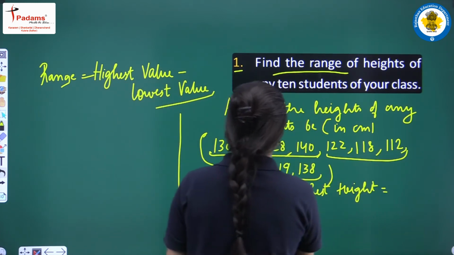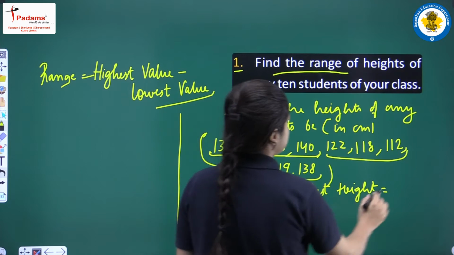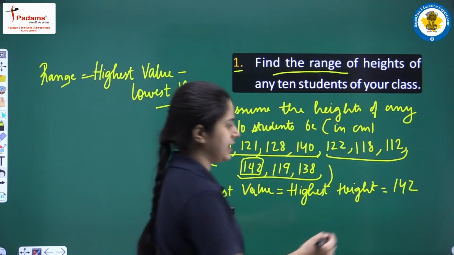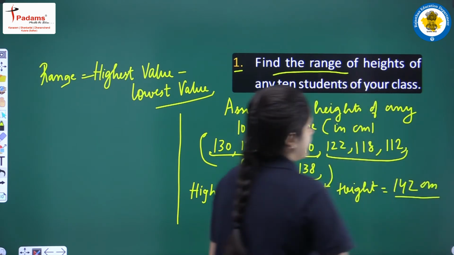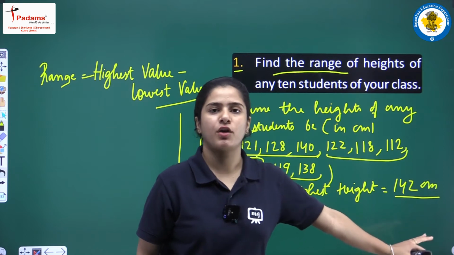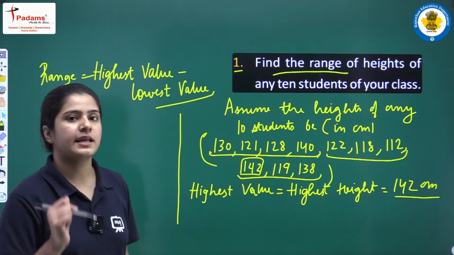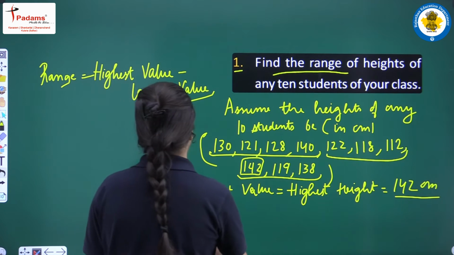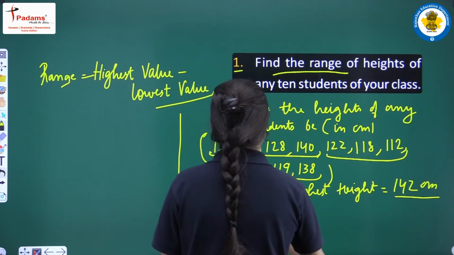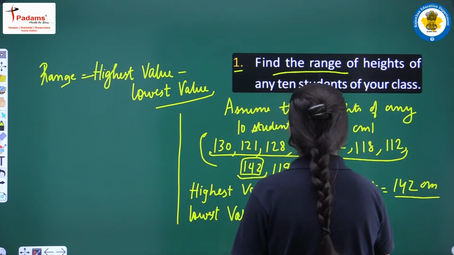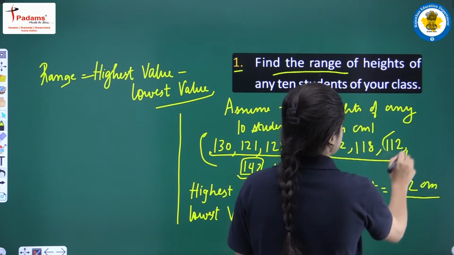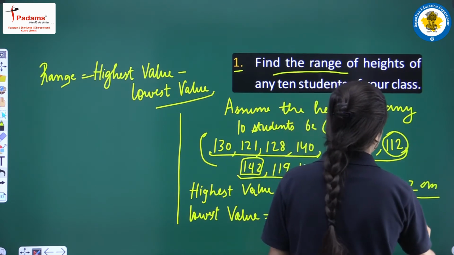This one, 142, is the highest value, that is the highest height of your class. The tallest student of your class is, suppose, 142 centimeters tall. Now tell me the lowest value, the smallest kid. That is the lowest height, 112 centimeters.